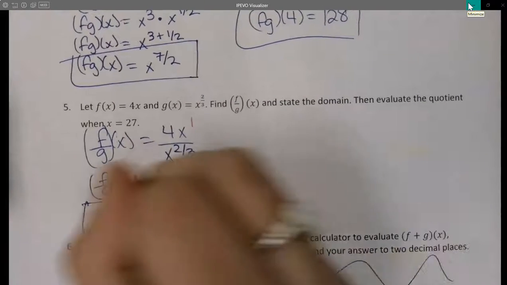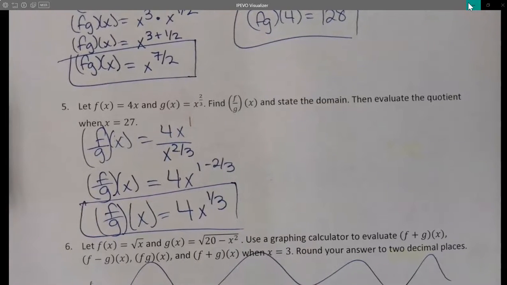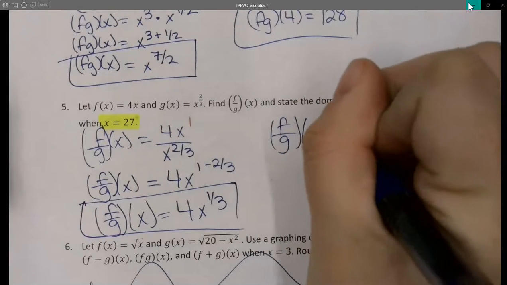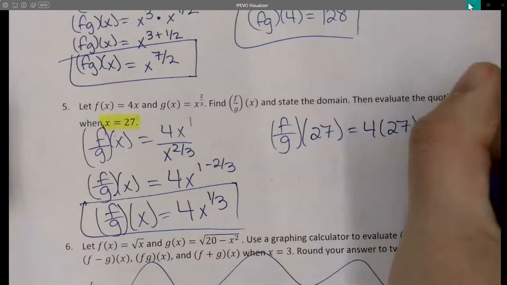So this is my function. Then this one wants me to plug in 27. So I'm going to do f divided by g of 27 equals 4 times 27 to the 1/3 power.